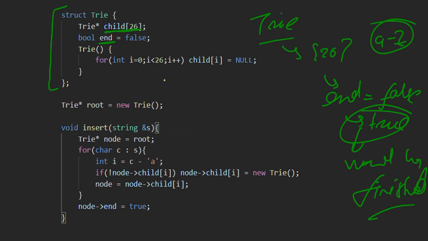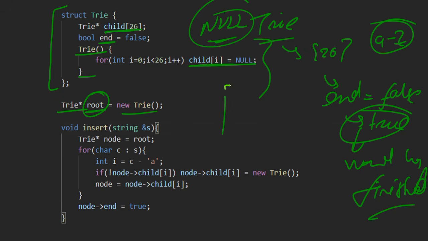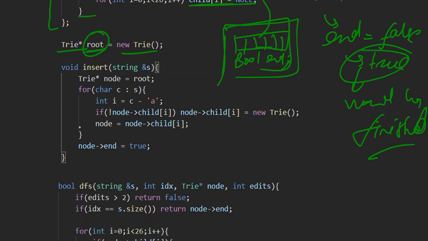And this is our constructor for the trie, in which we are initializing all the pointers to null. Then we have declared our trie pointer root as a new trie node. So it will have this child array of 26, and a boolean present in this node, right? Then we have the insert function.